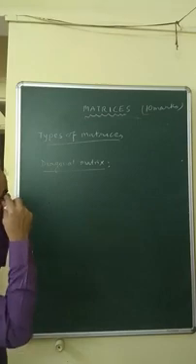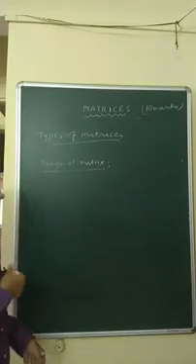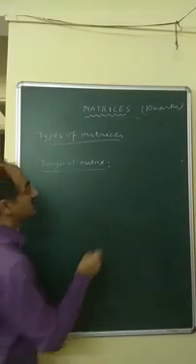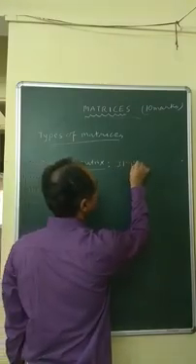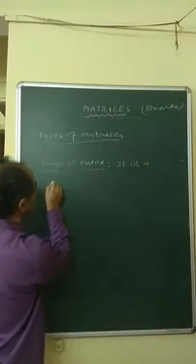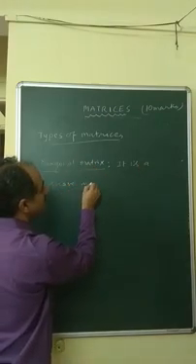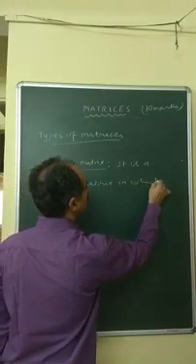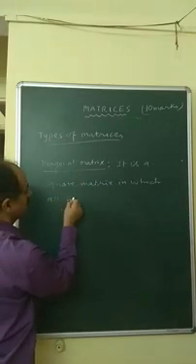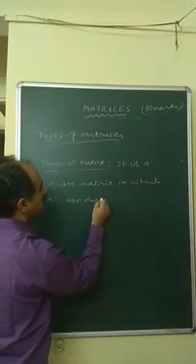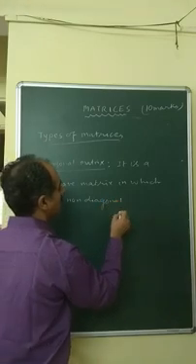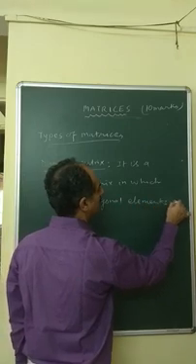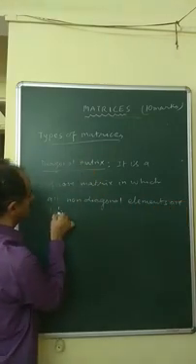A diagonal matrix is again a type of square matrix in which all non-diagonal elements are zero.